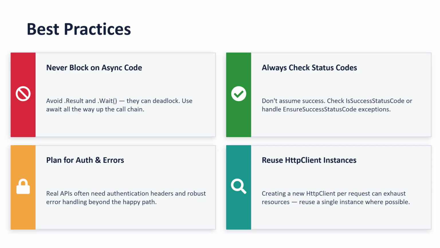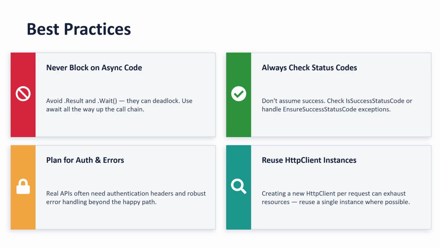We plan for authentication and errors. The examples that I've shown you are really simplified. Real-world APIs frequently require authentication tokens or API keys that are sent in the request header, and they can fall in all sorts of places. We also can see APIs fail in a lot of different ways than what we've shown. I also did not include things like try-catch blocks in this code just to keep it simplified for slides.